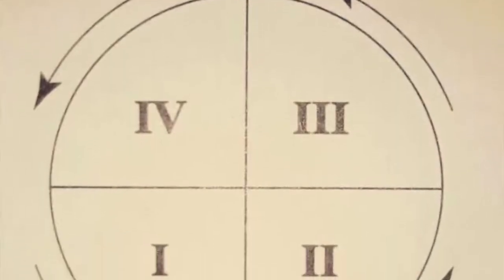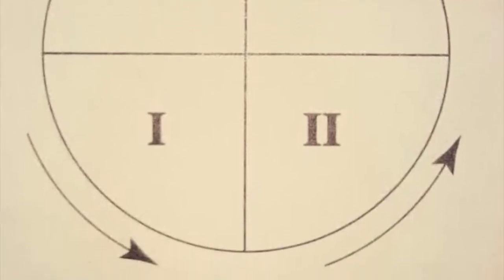So houses 1 through to 6, the bottom of the chart, are called the personal houses. And then the houses from the 7th house over to the 12th house are collective houses. So we have personal houses down the bottom and collective houses up the top. So that's just 2 different quadrants initially to look at.